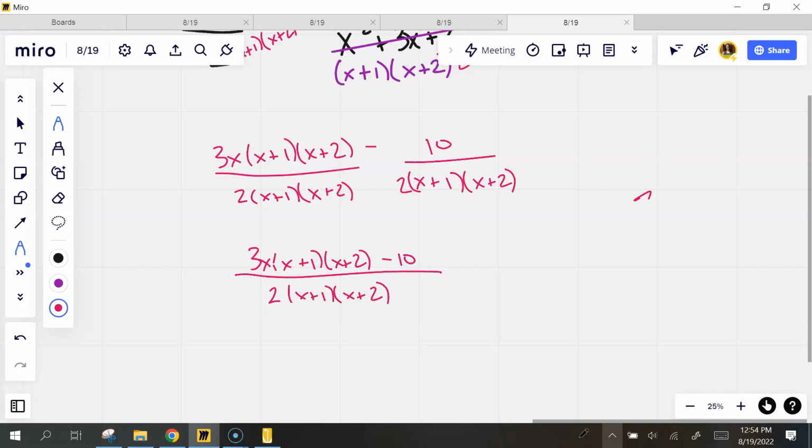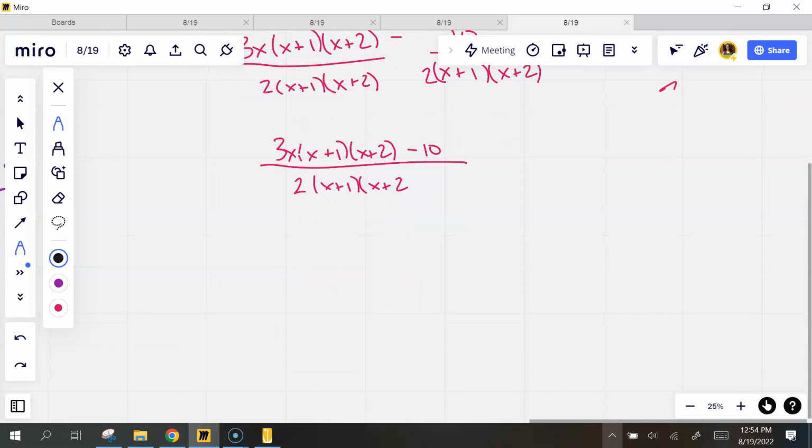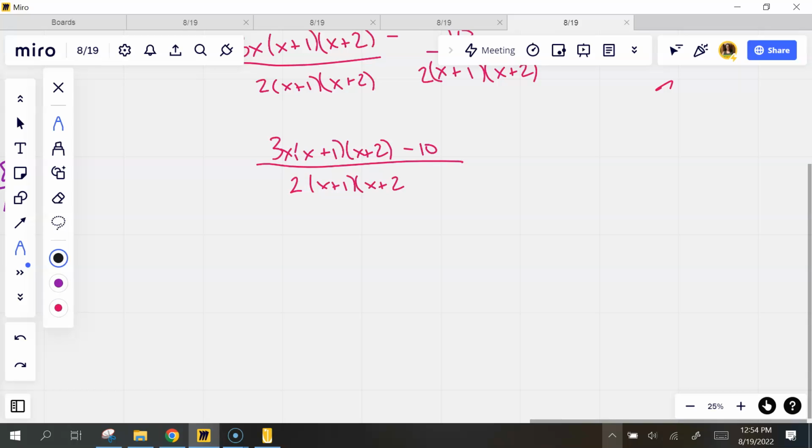Can I cancel the x plus 1 and x plus 2 out now? Why? That was not enclosed. I can't do it. Can't do it, Captain. That minus sign is off on its own. So the only option I have here is where the real work comes in. Are y'all ready?